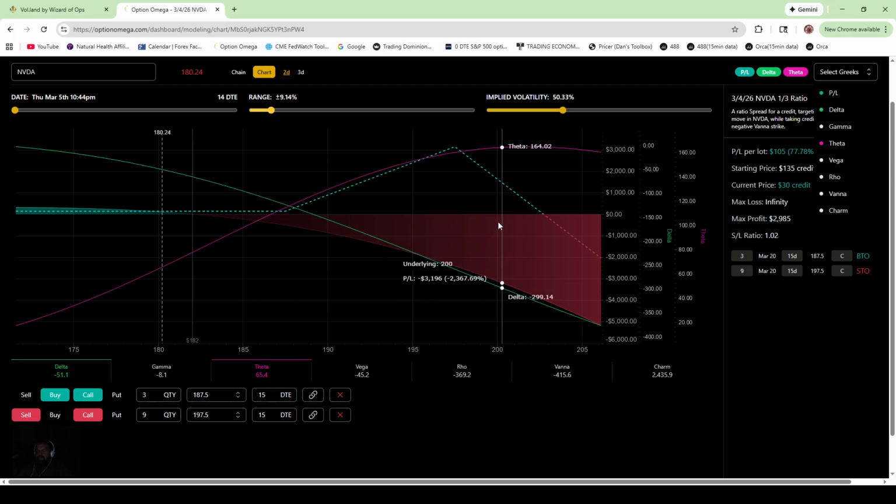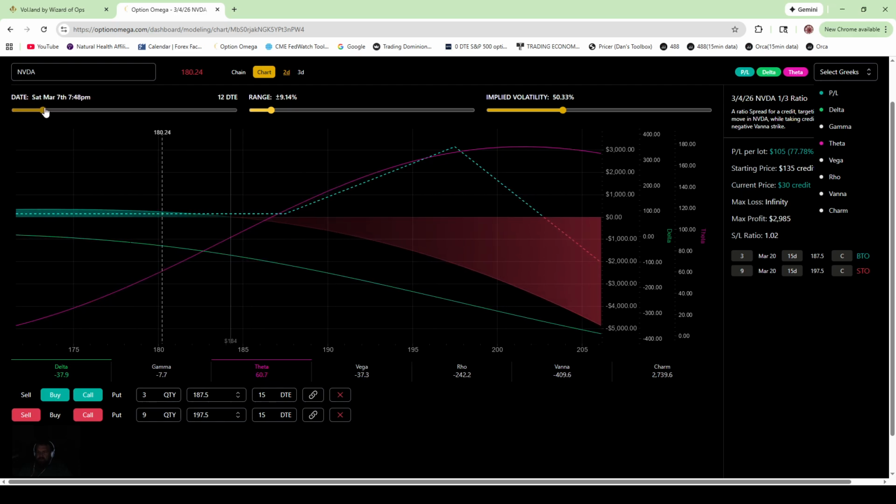So my intention is that price is not going to go above 200 on NVIDIA. So if price does make a run up over the next, say, week or so, what's going to happen, let's see how time is going to affect this.